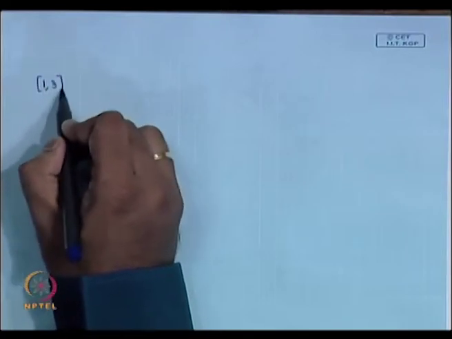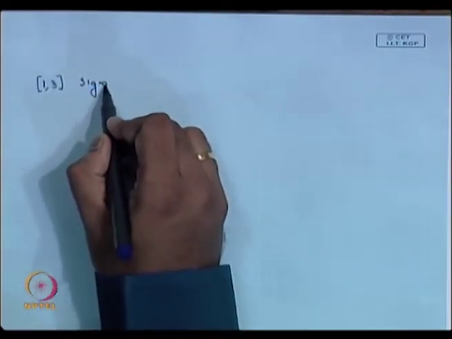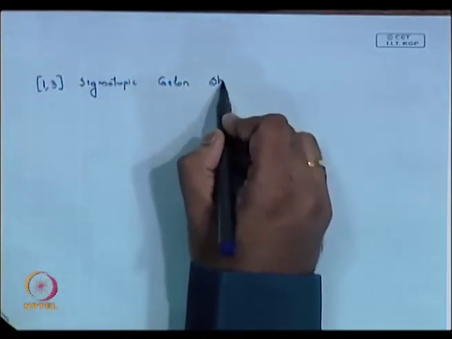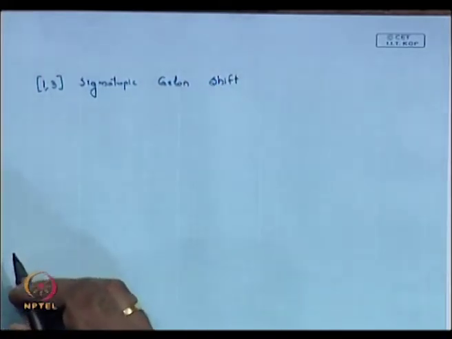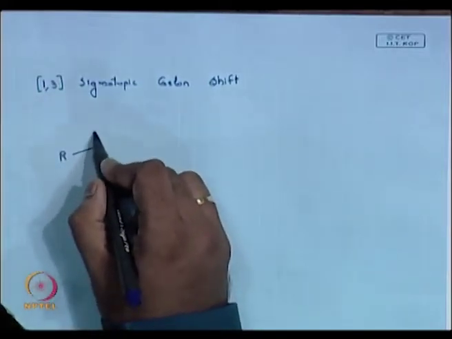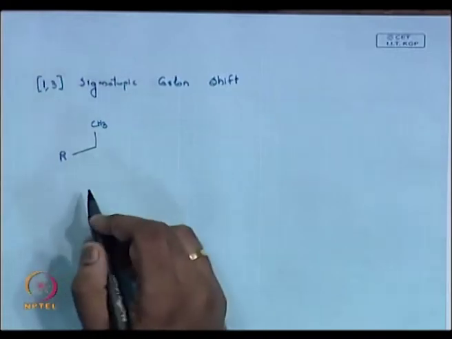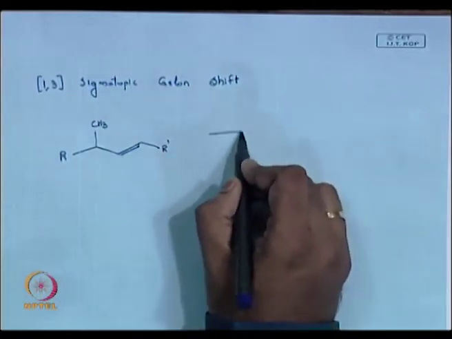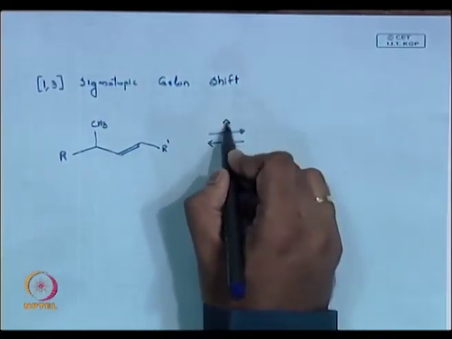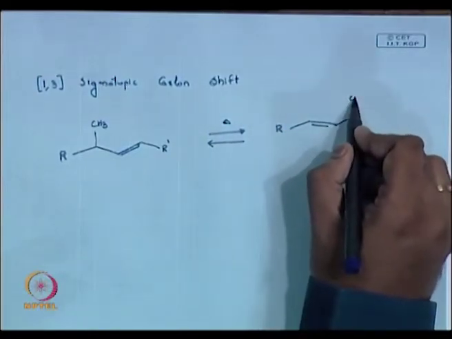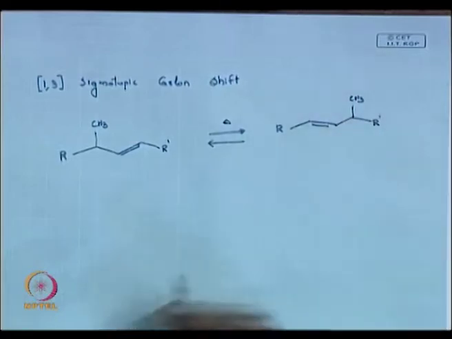For example, I take a 1,3 sigmatropic carbon shift, and for simple representation we will take the methyl; you will understand later why. So it is a 1,3 shift.